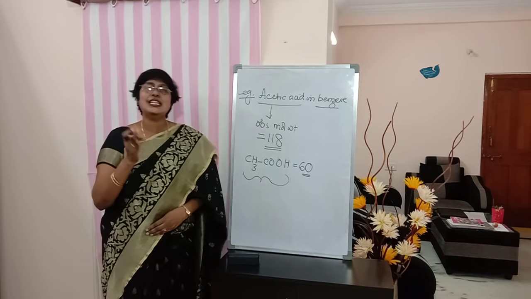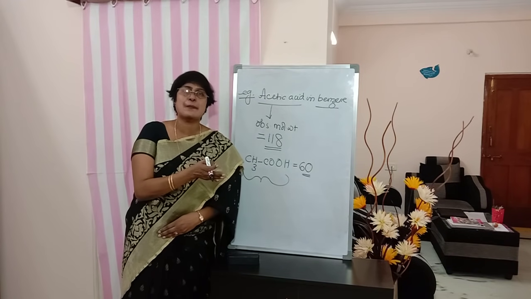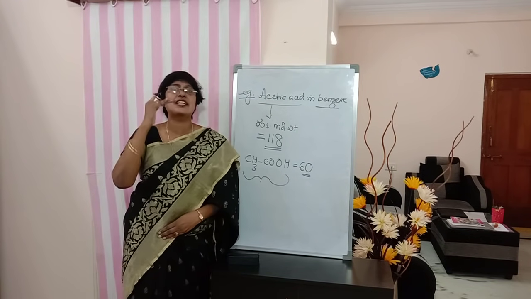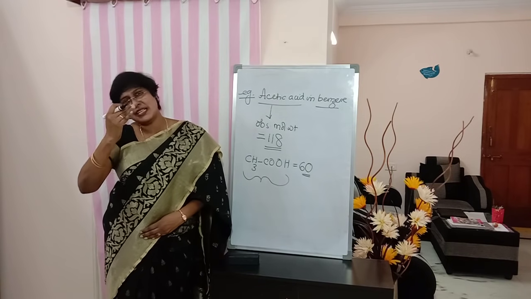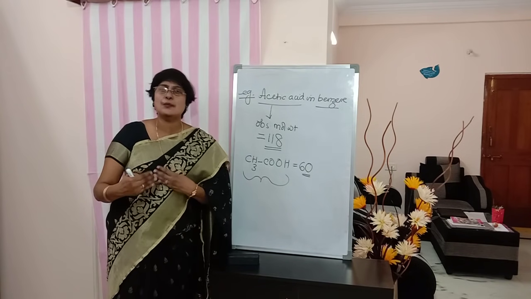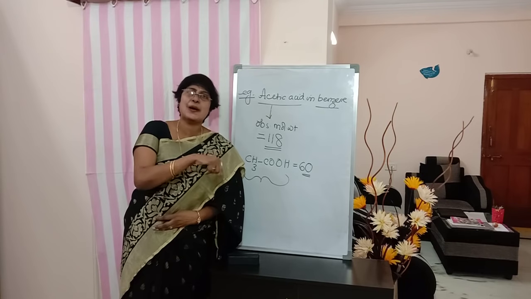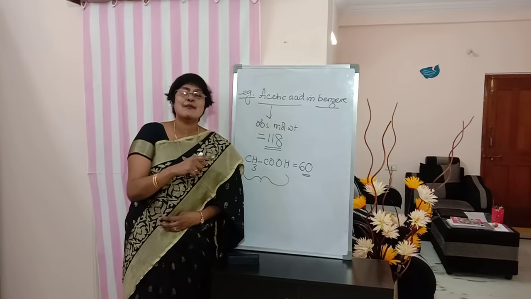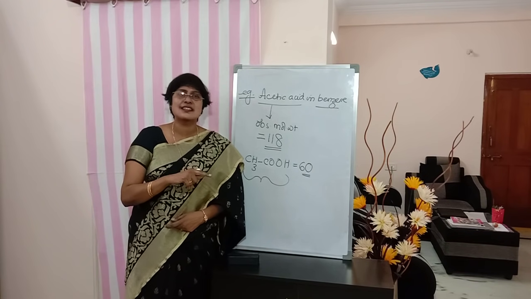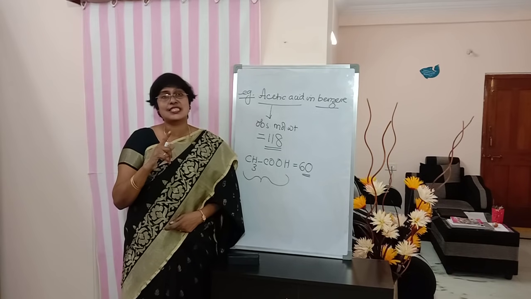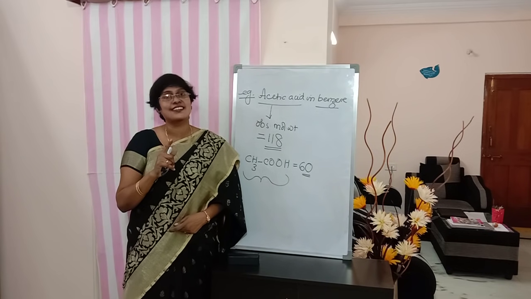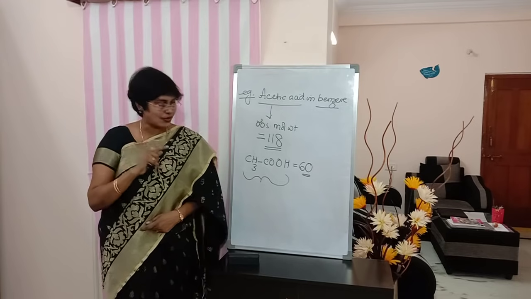So what about its colligative property value? Inversely proportional. Molecular weight observed is more means colligative property value is less. Colligative property less means, go back, number of particles? Less. Number of particles, when will it be less? When the solute undergoes association. Understood?